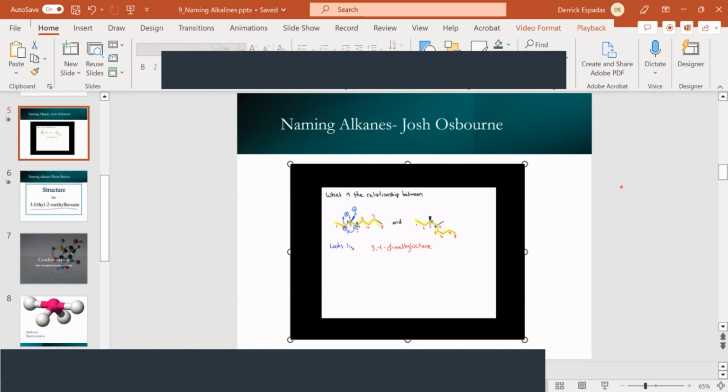It looks like R, but since priority 4 group is pointing out, it's actually S. Okay, so at carbon 3, we have S configuration.